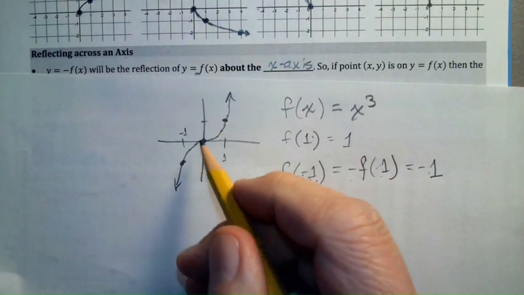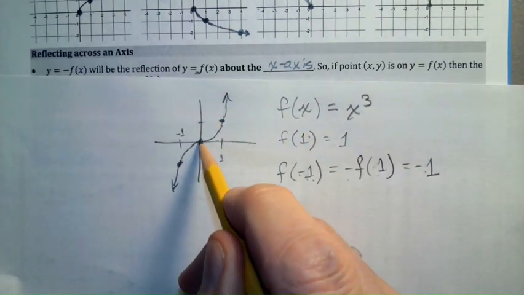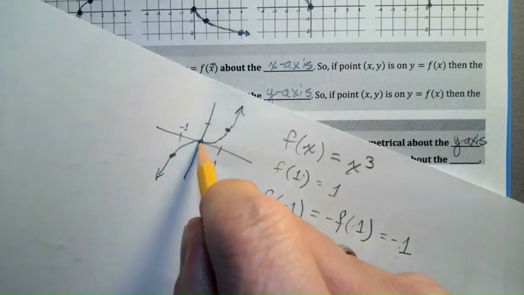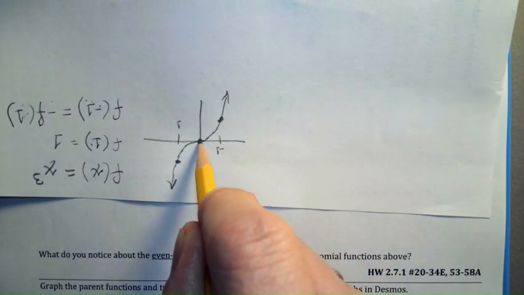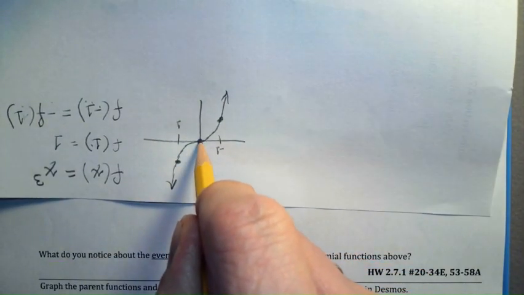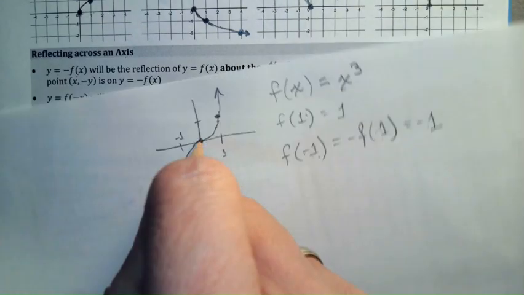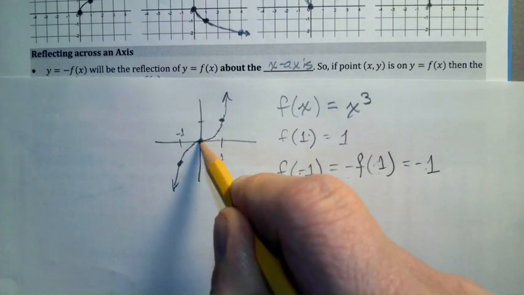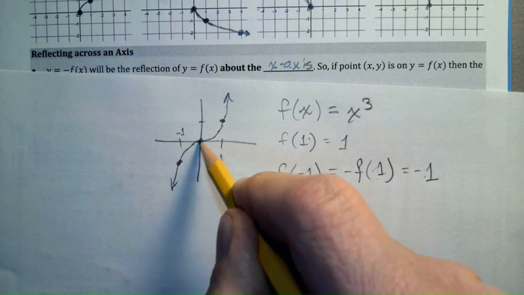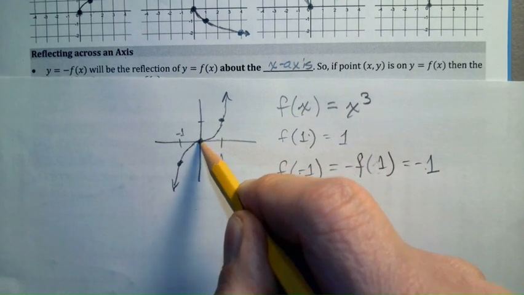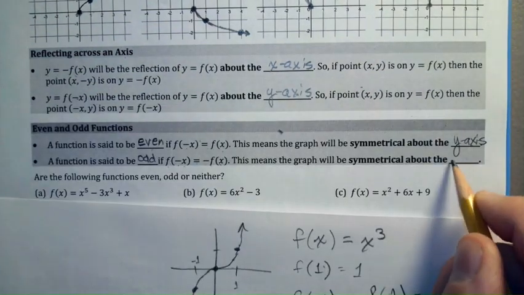This one does not really reflect, but there's a rotational symmetry. So if I look at that graph, if you were to sort of close your eyes and now open them again, you would think that's the same graph, right? So it's rotational symmetry about the origin.